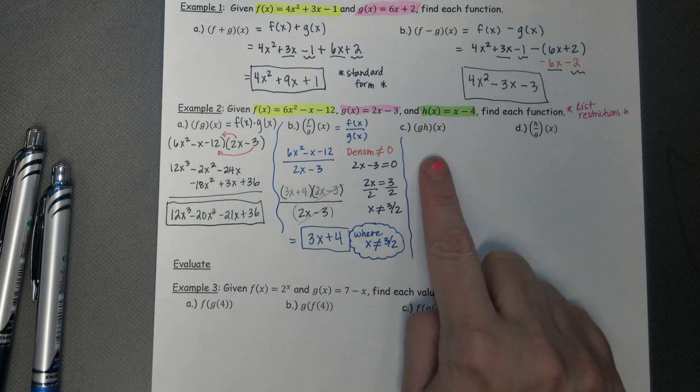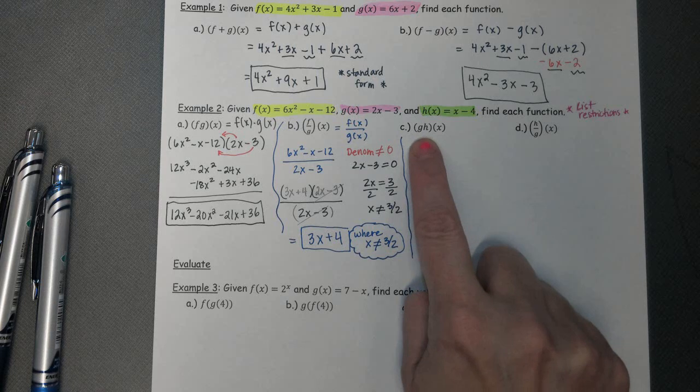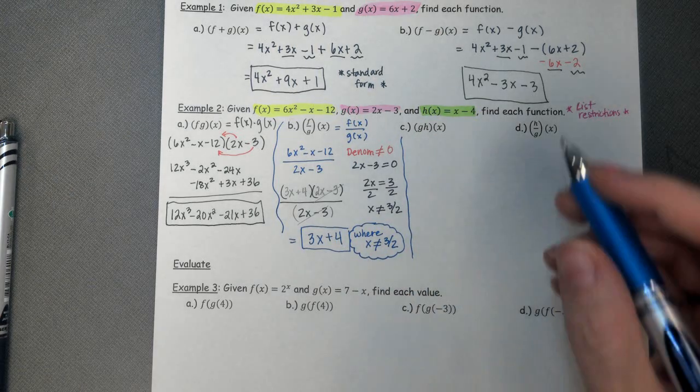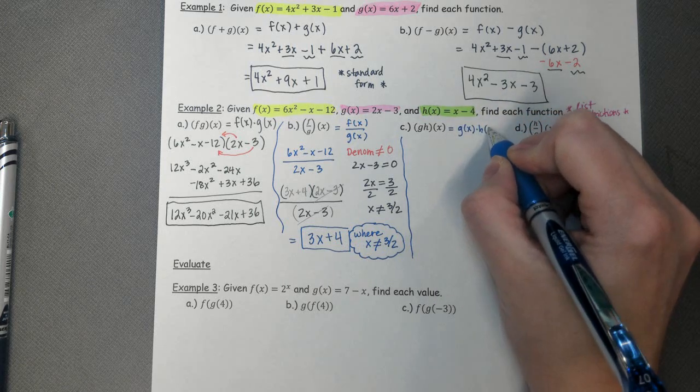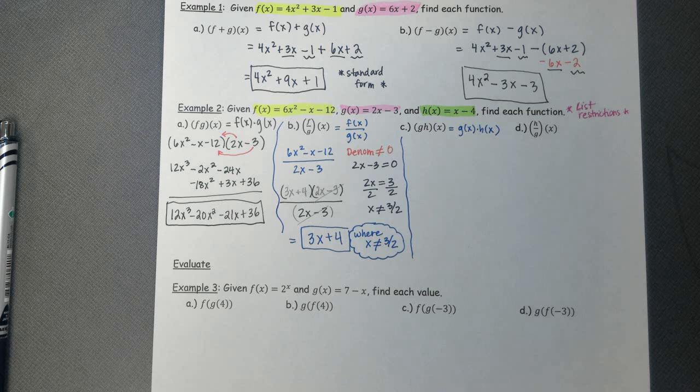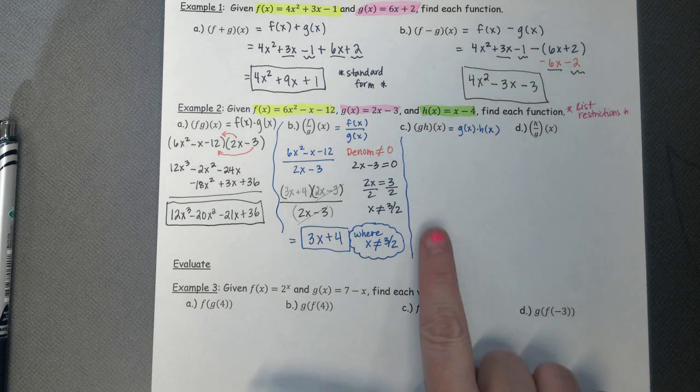All right, so for C, you have the g times h of x. So will you guys go ahead and do that? Okay, so I want you to simplify it.